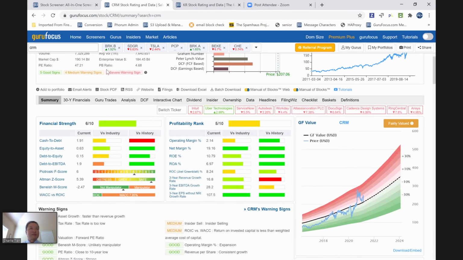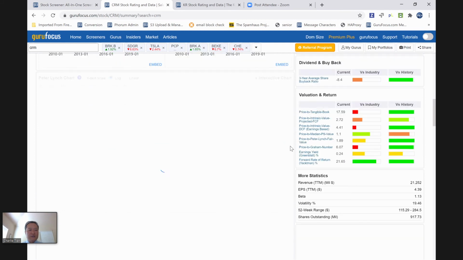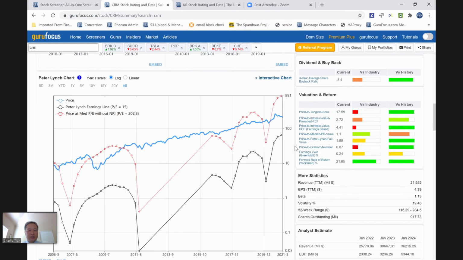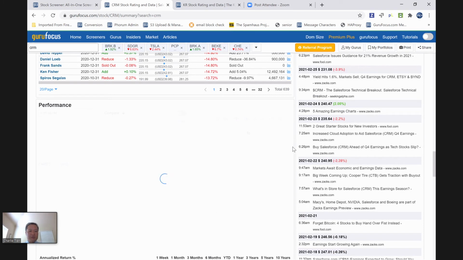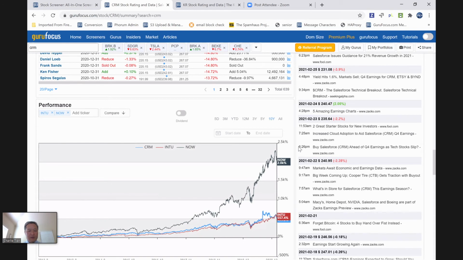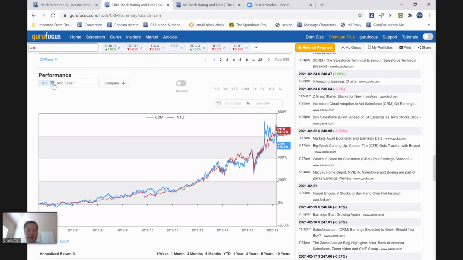Okay, now let's continue. I'll talk about a performance chart here. This is a new feature we added, a performance chart. I'm looking at the Salesforce performance chart, together with a few of its competitors.